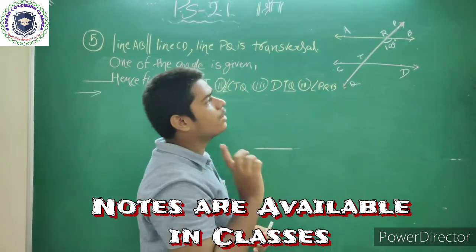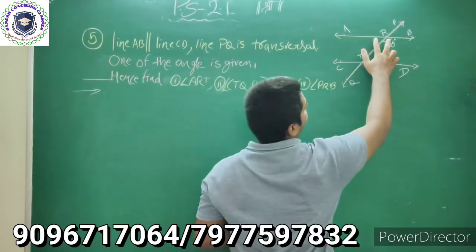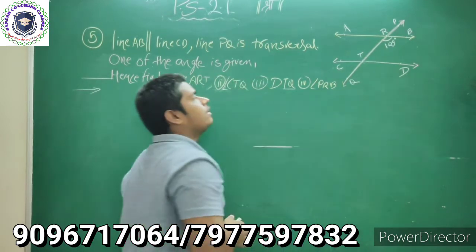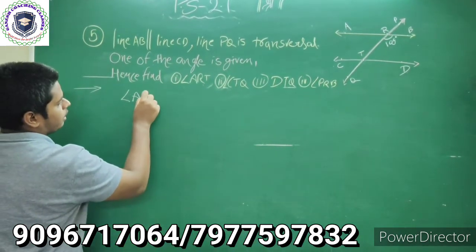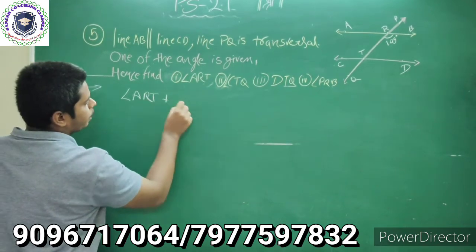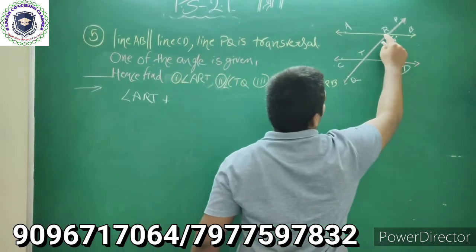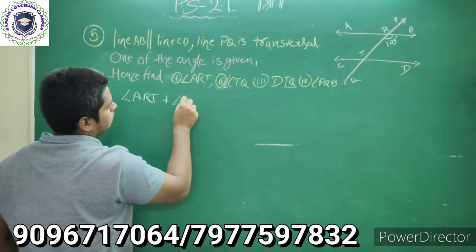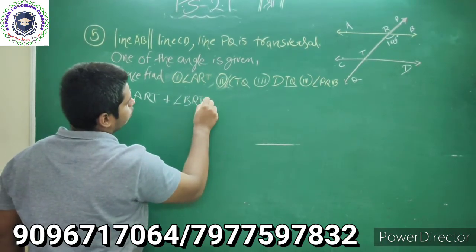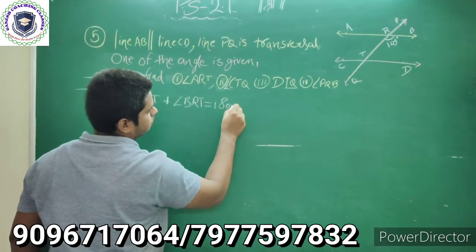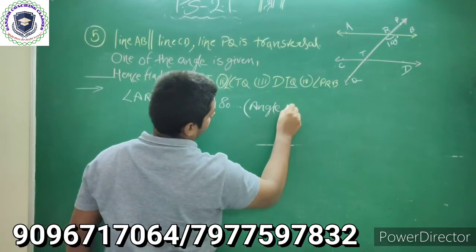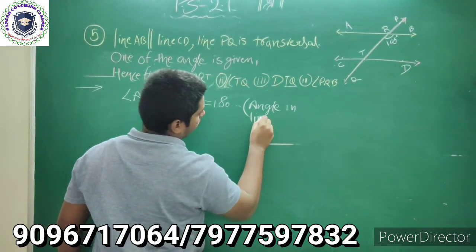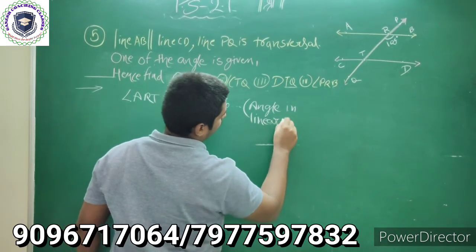So we can write angle ART plus angle BRT is equal to 180 degrees. Reason: angles in linear pair.